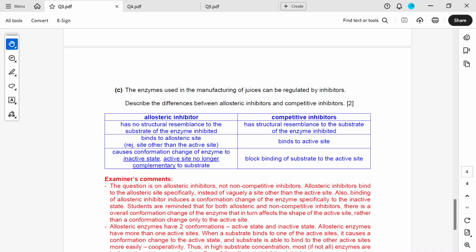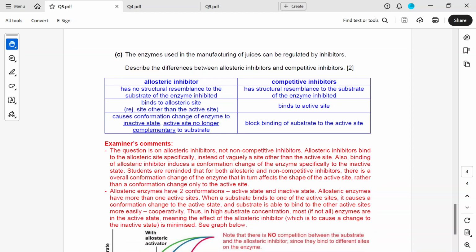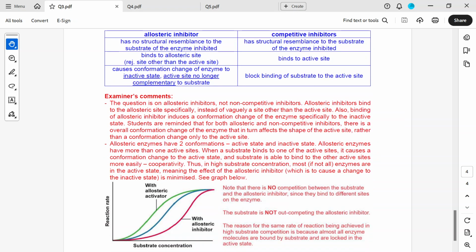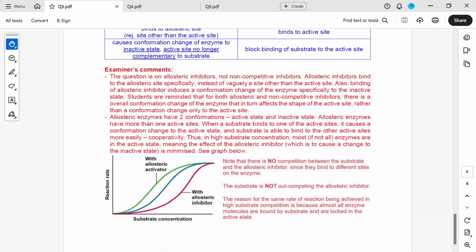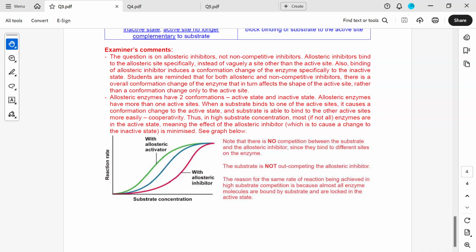Okay, and just one thing to note, I just want to explain something for allosteric inhibitor. If you look at this graph here, it shows you the effect of the allosteric activator as well as the allosteric inhibitor in green and red respectively.